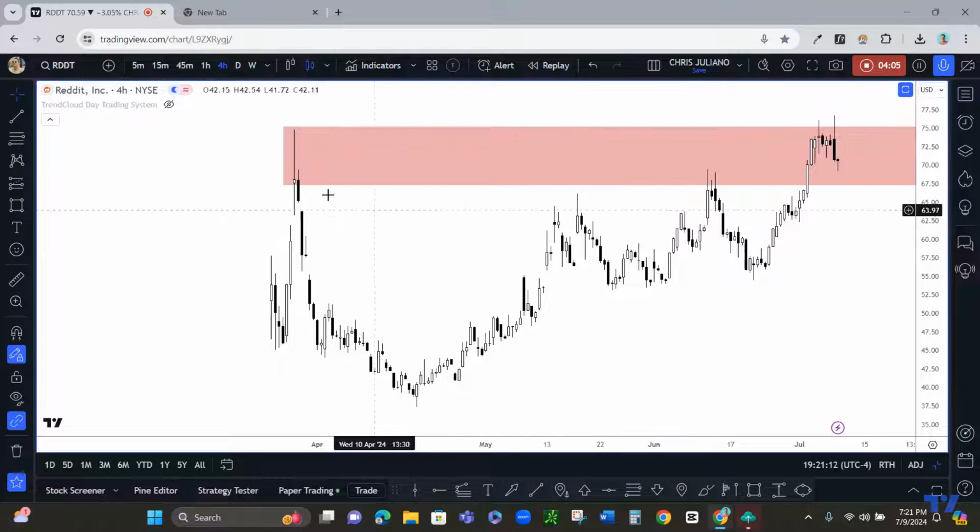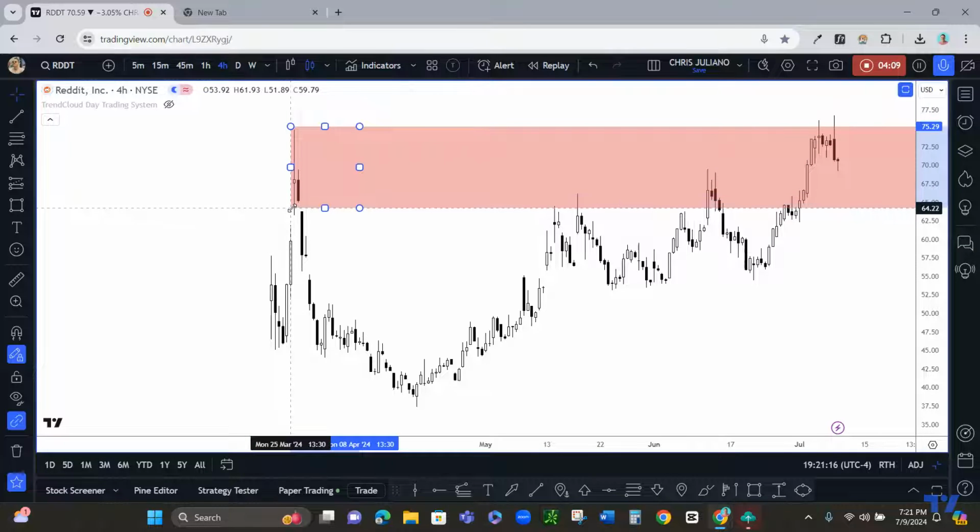And what happened here? Well, depending on how you drew this, if we draw it like that, covering this basing candle here, price came up into that supply zone, made a little move down, came a little further into the supply zone, and made another move down. Remember, this is all happening on the 4-hour chart, the highest time frame.